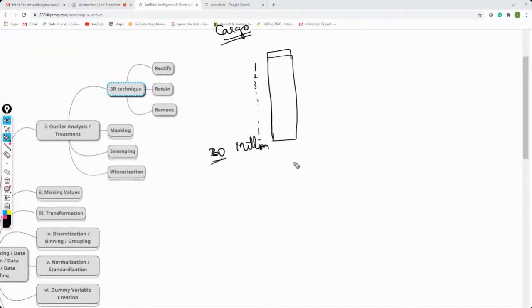How much space is getting filled? Out of 3,000 cubic capacity, is 2,900 cubic capacity getting filled? So 30 million rows, and there were at least maybe 10,000 odd outliers.